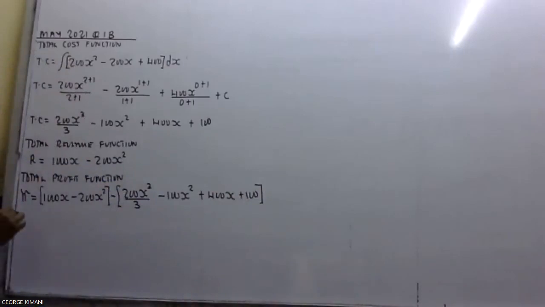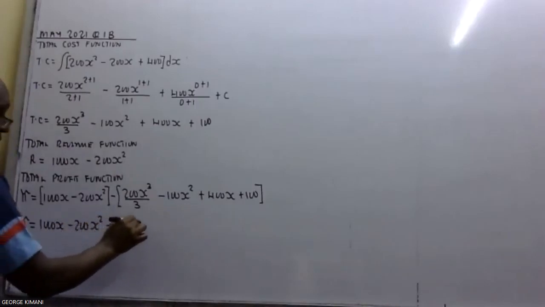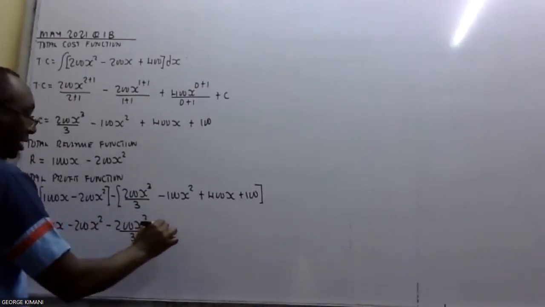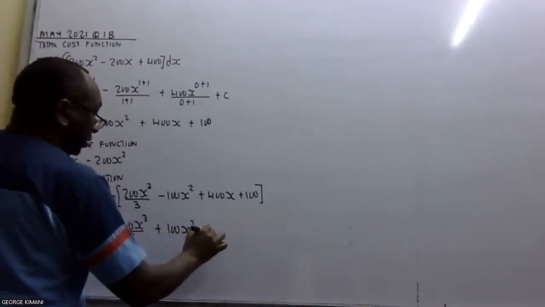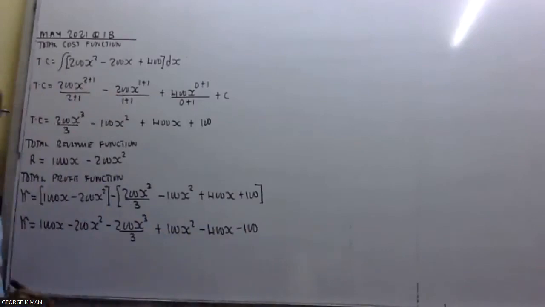So we open these brackets to get pi is 1000x minus 200x squared minus 200x cubed over 3 plus 100x squared minus 400x minus 100.